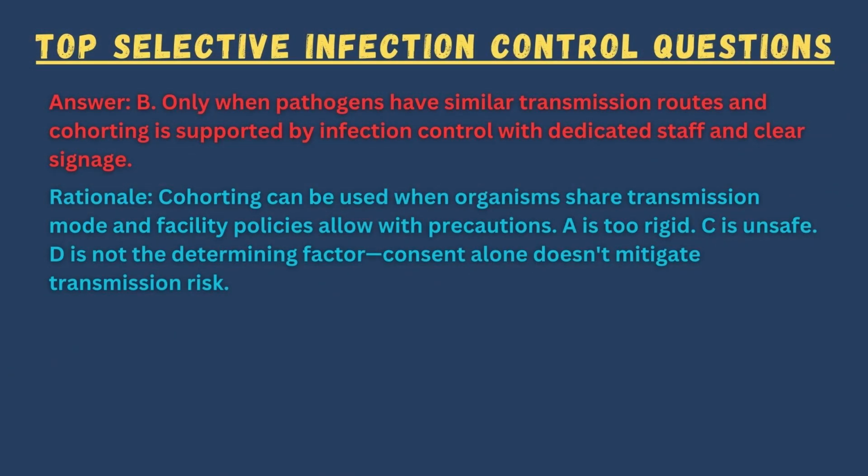Answer. B. Only when pathogens have similar transmission routes and cohorting is supported by infection control with dedicated staff and clear signage. Rationale. Cohorting can be used when organisms share transmission mode and facility policies allow with precautions. A. Is too rigid. C. Is unsafe. D. Is not the determining factor. Consent alone doesn't mitigate transmission risk.